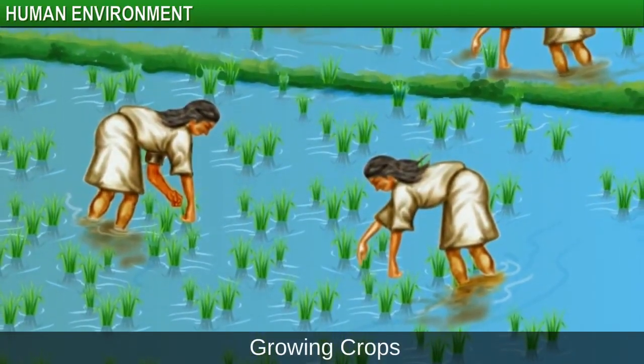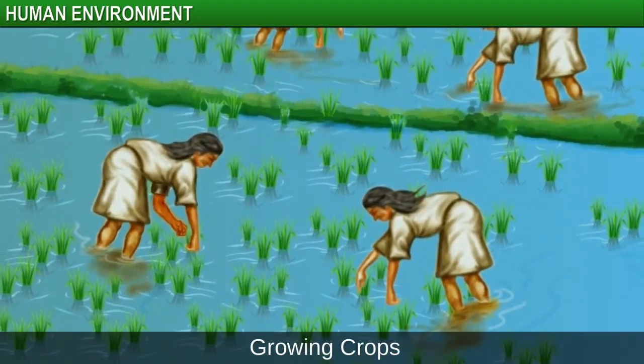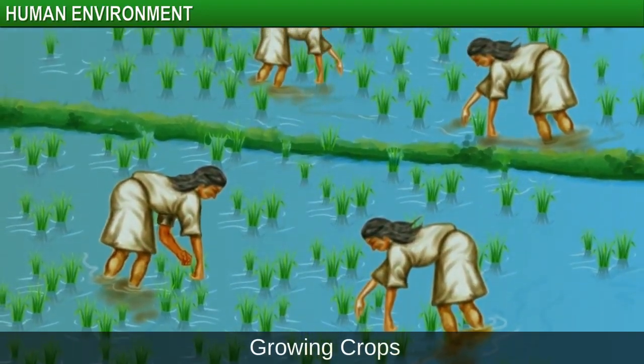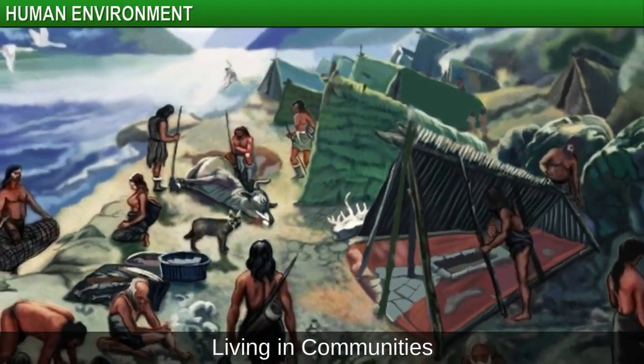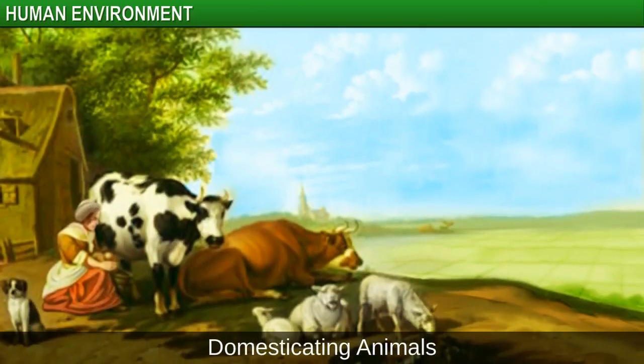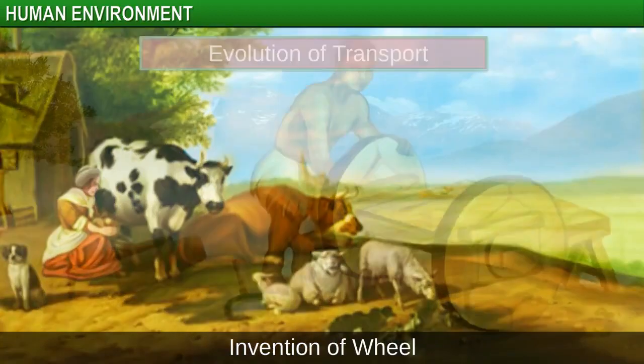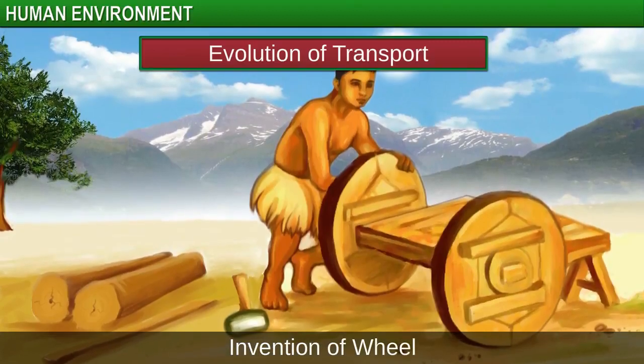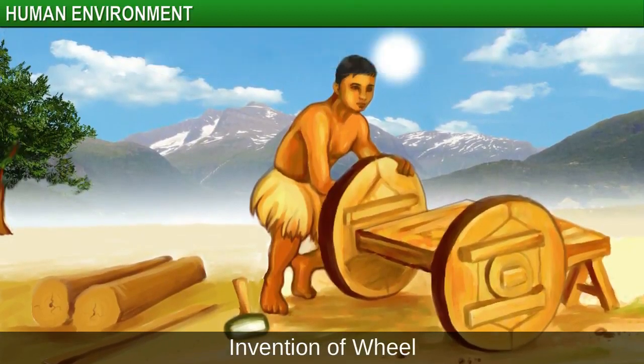As time went by, human beings began to grow crops and started living in communities. They domesticated animals to help them in farming activities. The invention of the wheel led to the evolution of transport.